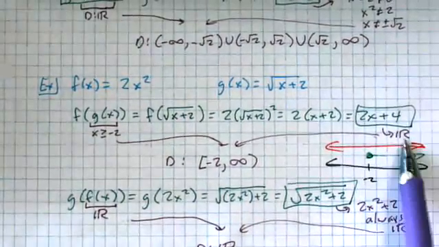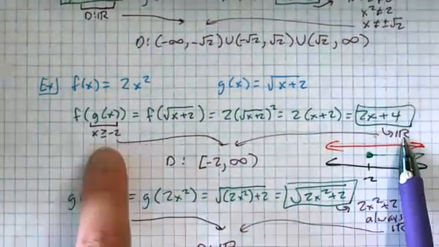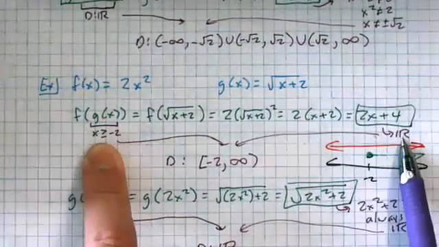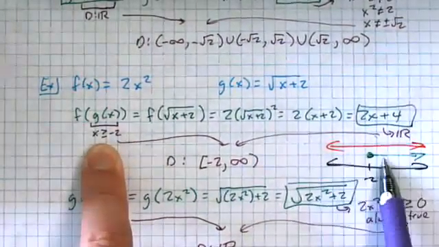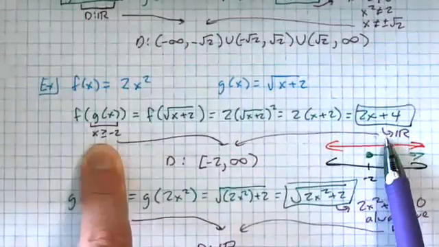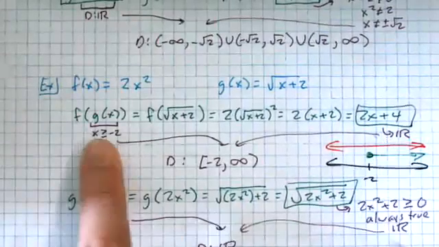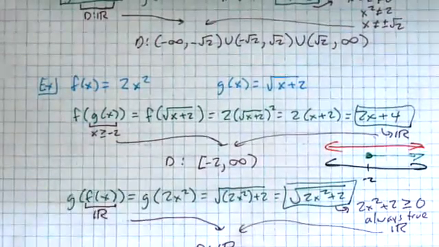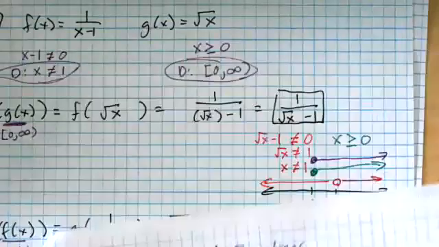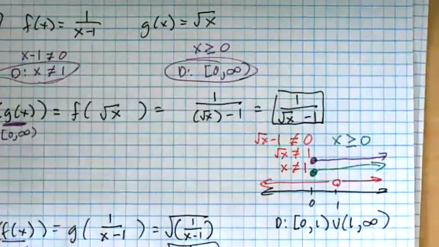This is an example of one where this restriction did not come out at the end, so we had to include it and graph it along with what we came up with at the end, and find the overlap of those two things. Are we feeling better about that? Yeah, it's a minor detail. I'll tell you, there's going to be one on the test where you'll have to add it in, right? And if you forget to do it, you might lose a couple of points. It's not going to be enough to make the difference between an A and an A minus on the test, though.